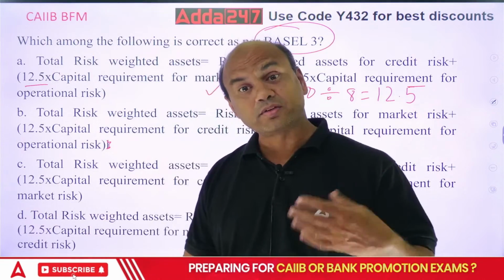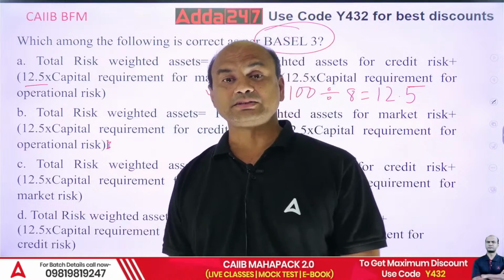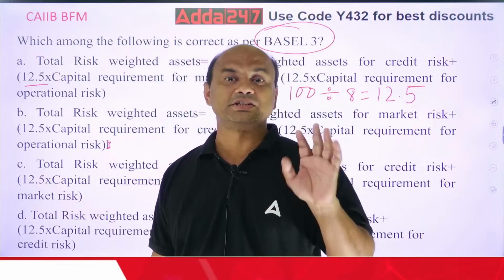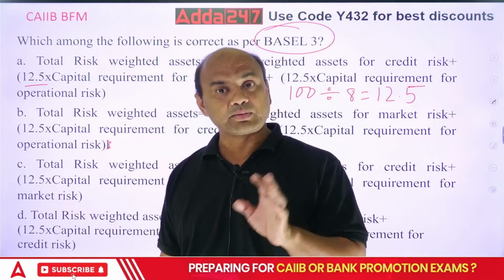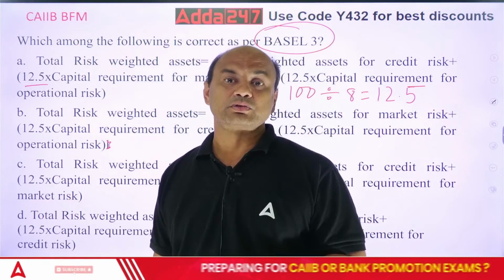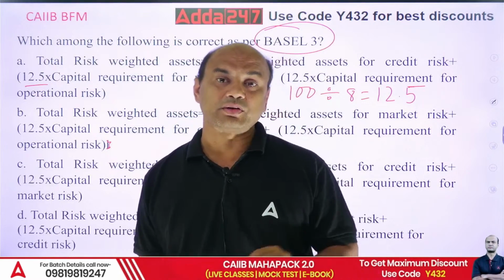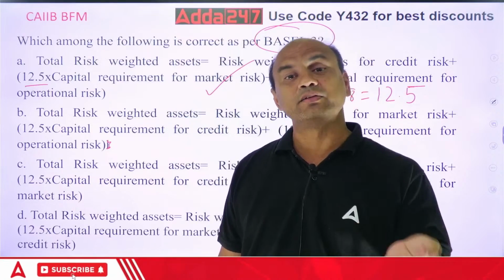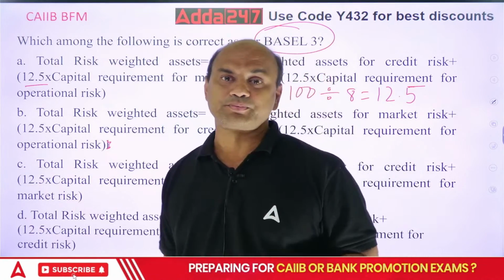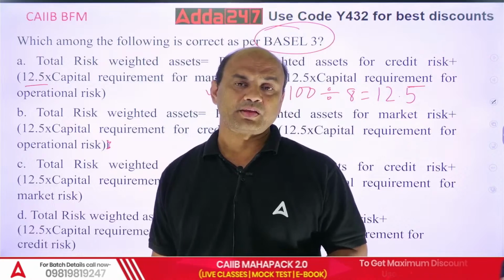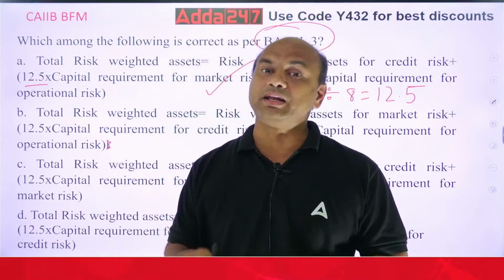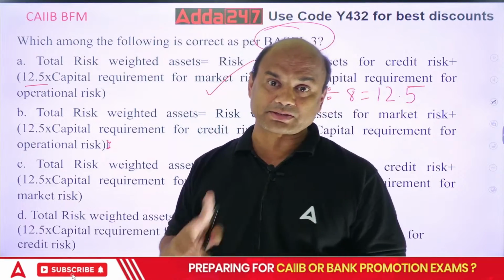But even Basel 3 says you have to add the CCB. Even RBI has made it compulsory. So actually, your CRAR requirement is not 9% now. It is 11.5%, 9 plus 2.5. So this CCB of 2.5% has to be added. Kindly note, there are two buffers as per Basel 3.